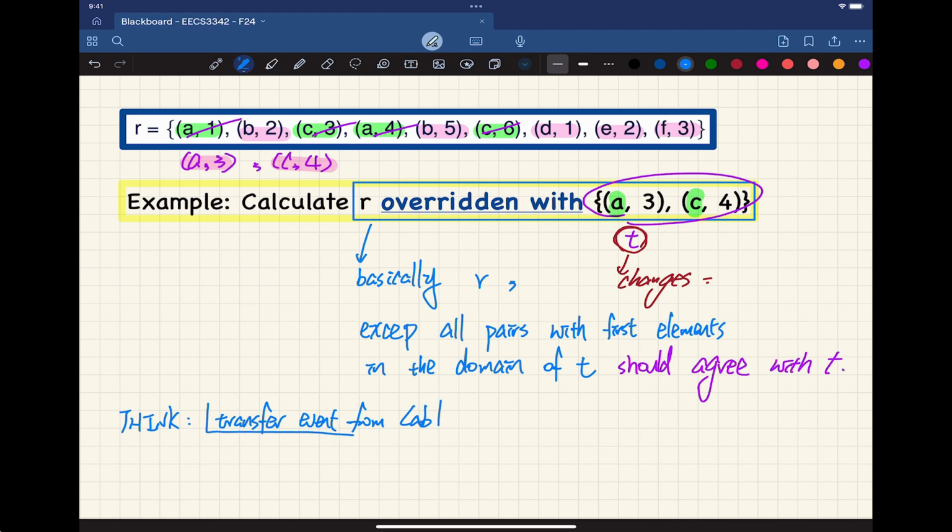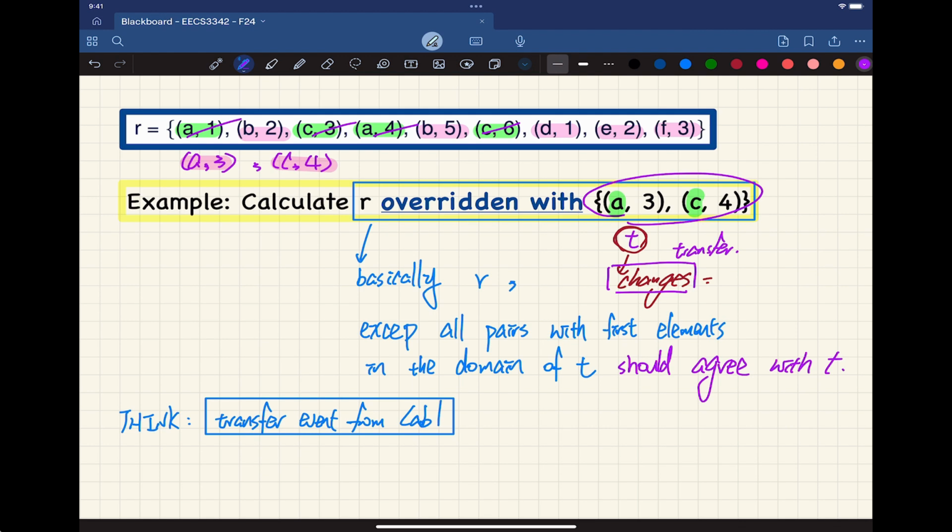So now you want to consider the changes that we want to apply. What's really the changes for transfer? Remember in lab number 1, we said every account should really match to their balance, right? That's A1 and A2. We want to transfer some money from A1 to A2, right?